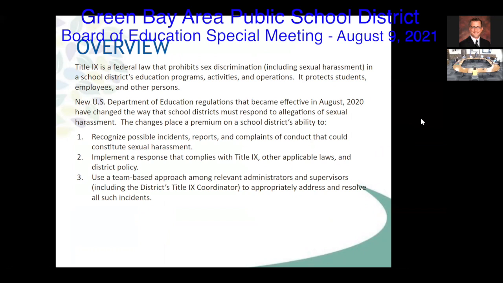As you may know, especially if you've seen me before, the new Title IX regulations were issued in May 2020, and they became effective in August of 2020. These new regulations differ from previous issuances from the Department of Education in that they are not guidance documents.